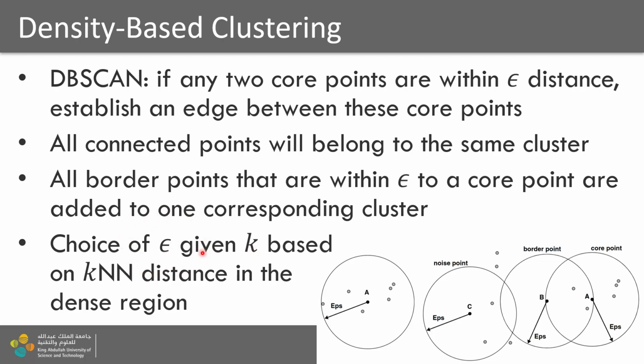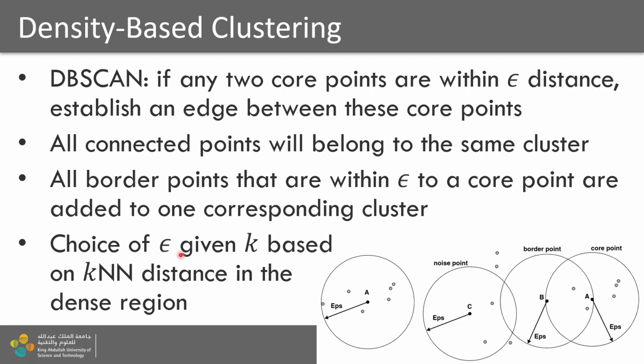We can set it in a conservative way so that every point in the dense region satisfies the property of having at least k neighbors within the epsilon neighborhood, but we should not make it much bigger, because then we will also include some noise points.